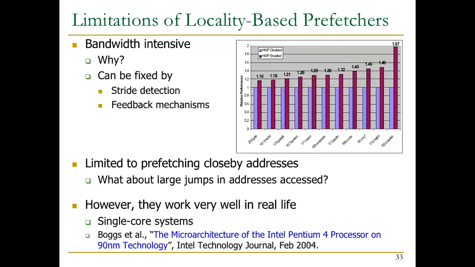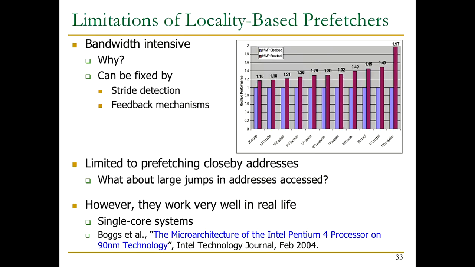But it turns out this sort of prefetchers work quite well in real life. So this is actually a paper that was published by the Intel architects in Pentium Prescott. And they showed some good results when they enable or disable the hardware prefetcher. On these workloads, you see significant performance improvements. Like in this case, 97%.